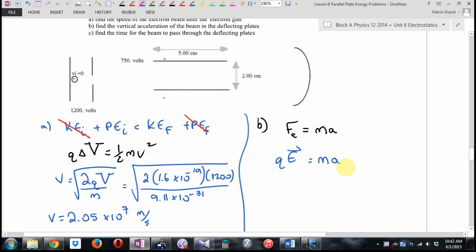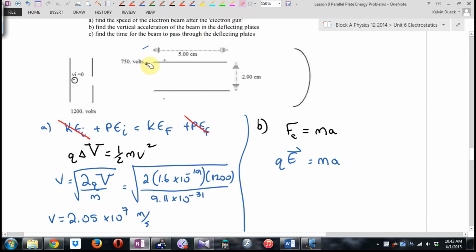Are there any horizontal forces acting on it in this section here? No. So horizontally, no acceleration. Vertically, this almost sounds like projectiles and components. You can kind of think of it that way, but it's not gravity doing the deflecting or the accelerating. They want the acceleration.